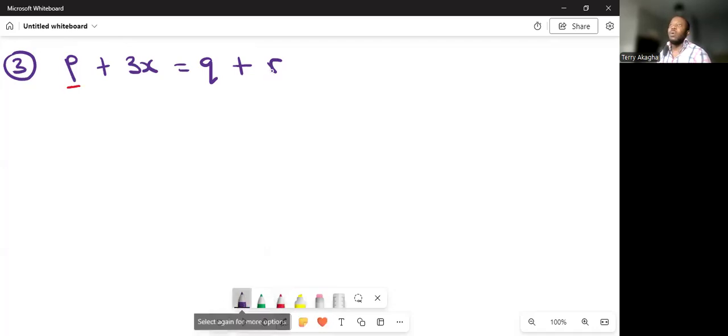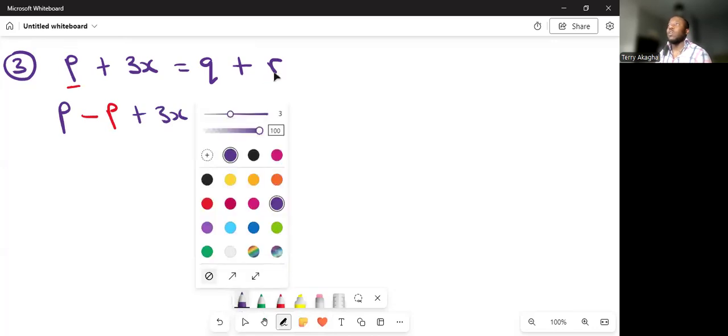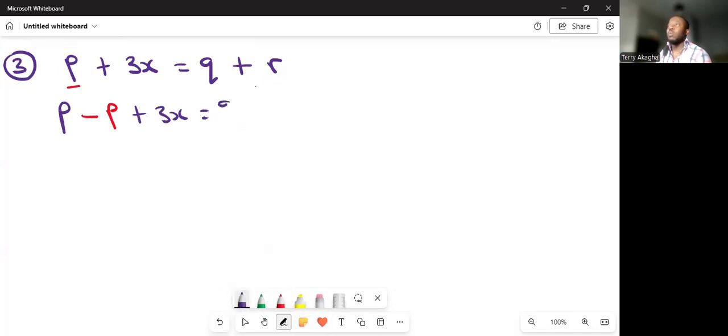Okay, so to get rid of the P, we're going to subtract P from both sides. So it's going to be P minus P plus 3x is equal to Q plus R minus P. Remember, you have to do the same thing to both sides. So now the P will cancel this P, because P minus P will give you 0.